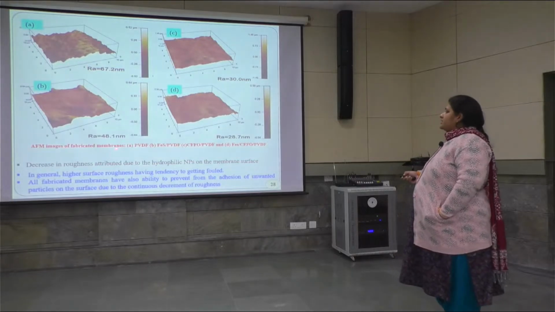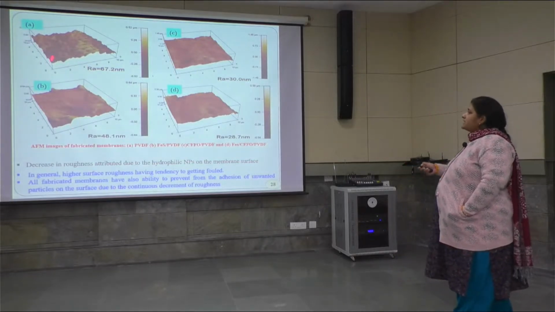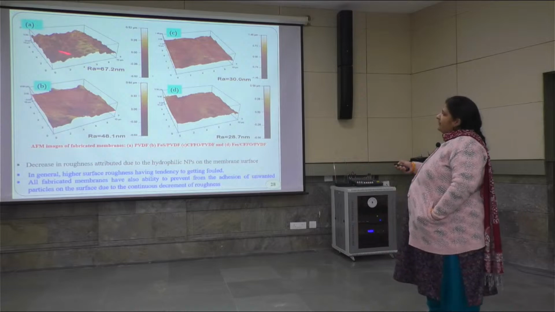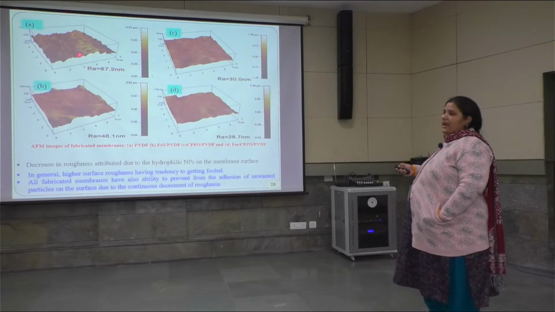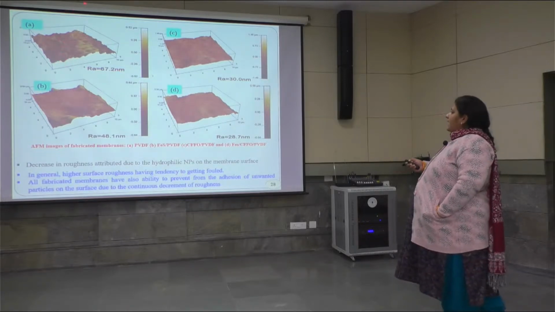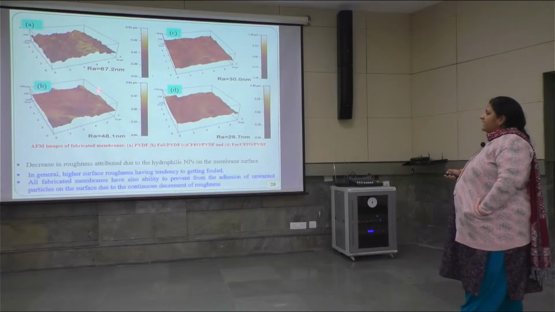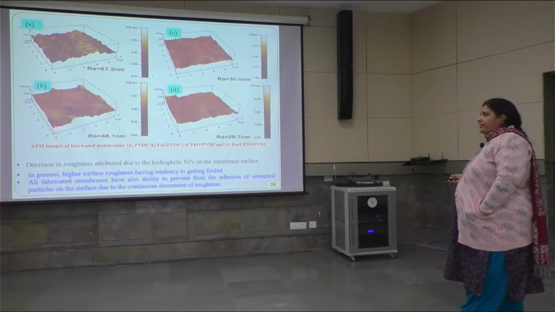These are the AFM images of all the fabricated membranes. This is the simple PVDF having no nanoparticles. We can see here the roughness is around 67.2 because there is no doping of any nanoparticles. In the case of B, we can see the roughness decreases after doping of a single nanoparticle, which is FeS.